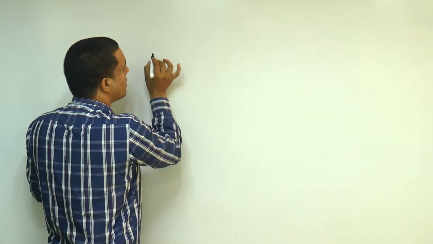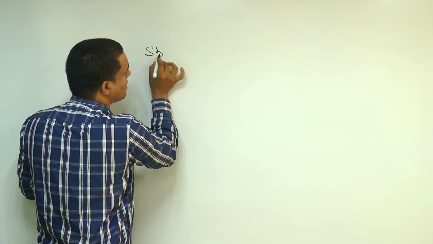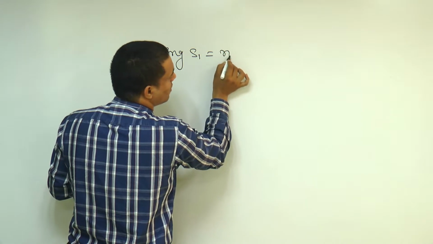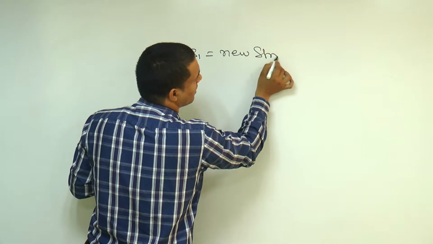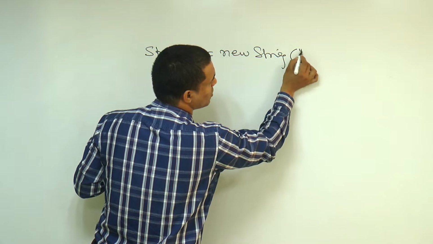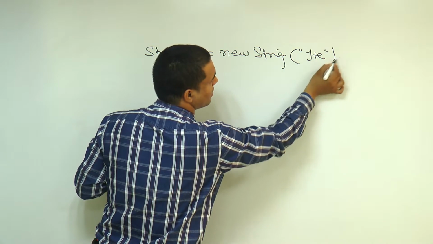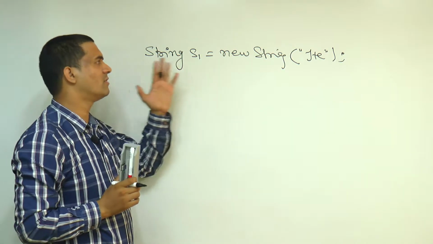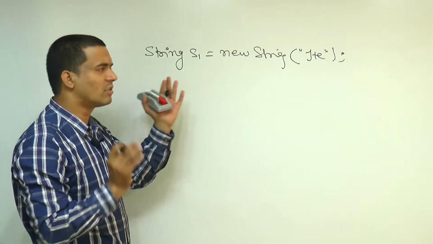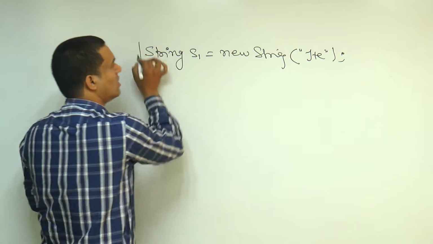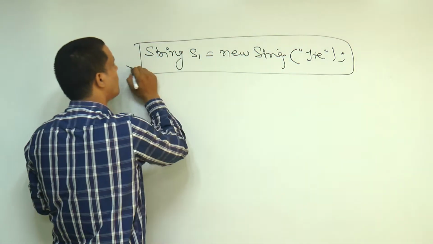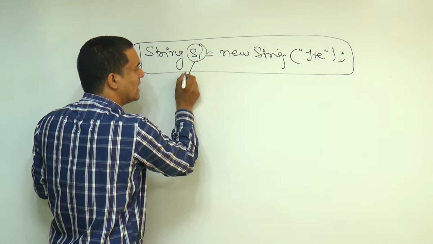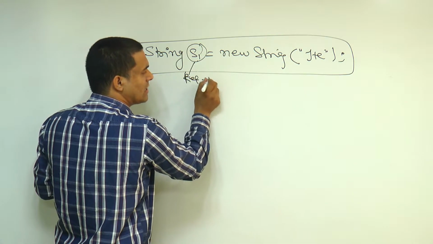Suppose I am creating one string s1 equal to new String, and in it I am writing, for example, JTC. I am not explaining the object creation process of a String class, but just taking one simple example. When I am creating it, s1 is a reference variable.